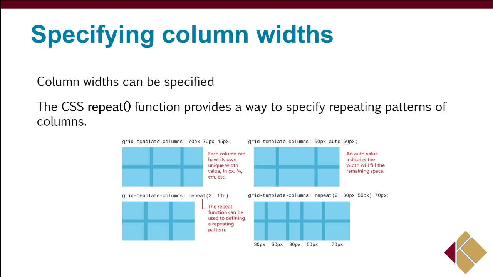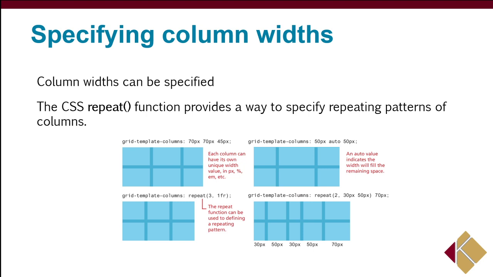Okay. So instead of having to write them out, you can use repeat instead. Here is the example they have of setting things up explicitly: grid template columns, the first one's 70 pixels wide, next one's 70 pixels, next one's 45.